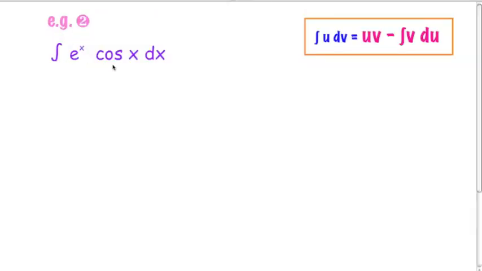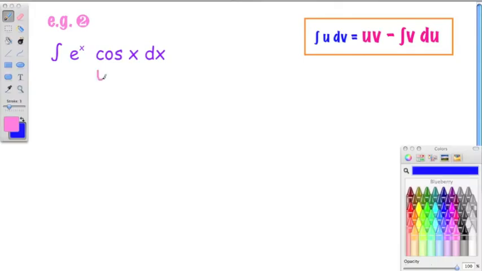Now let's move on to the next example, which is the integration of e^x cos x dx. Again, we will divide into two parts, which are u and dv. For u, we will take cos x. And we will take e to the power of x dx as dv.